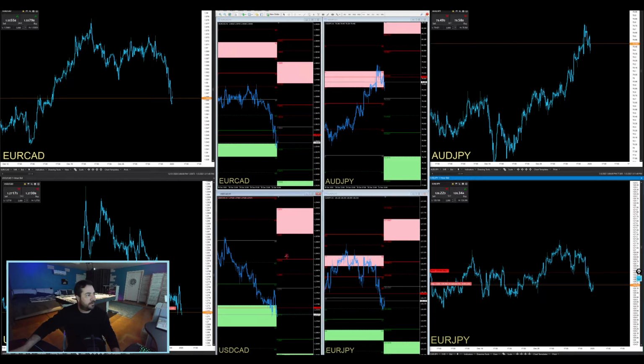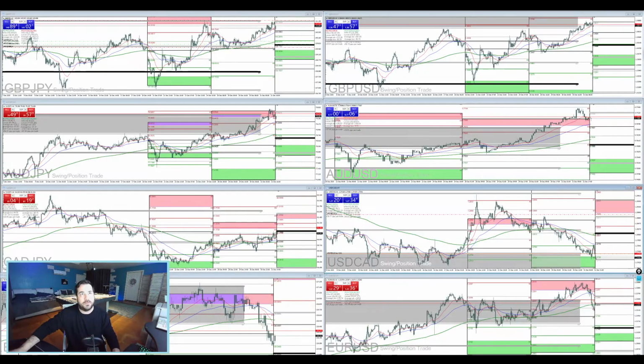And what's that going to be like here on the USD CAD? 27750. Okay, so we're getting closer on both the Euro CAD and the Aussie Yen. I'll switch back on over and take a look at the AUD USD. Still holding tight.